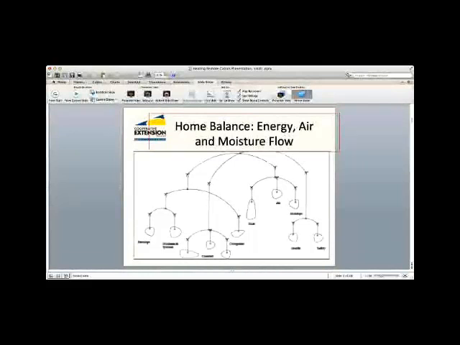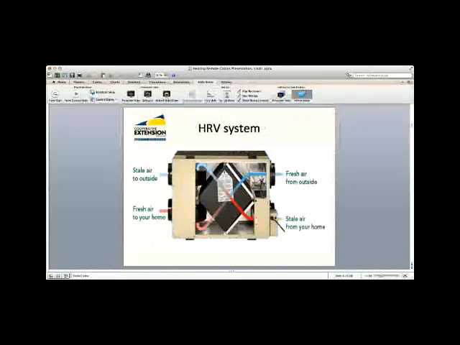So there's a device that we often have in our homes, a heat recovery ventilation system, that basically tries to bring in fresh, cold, dry air.